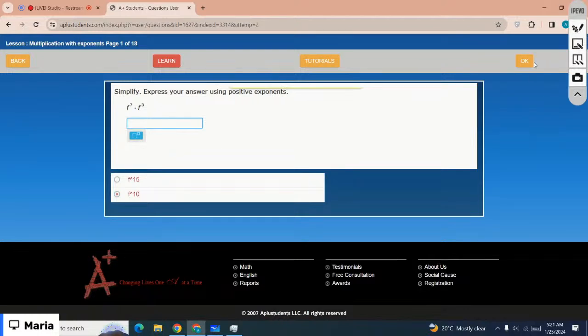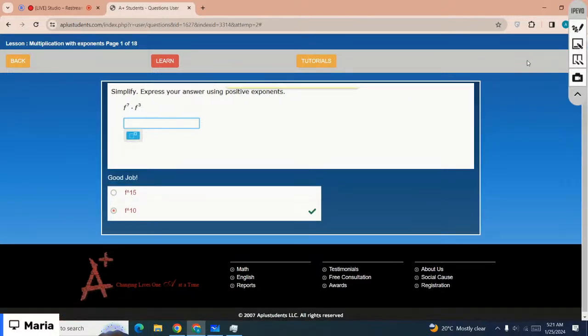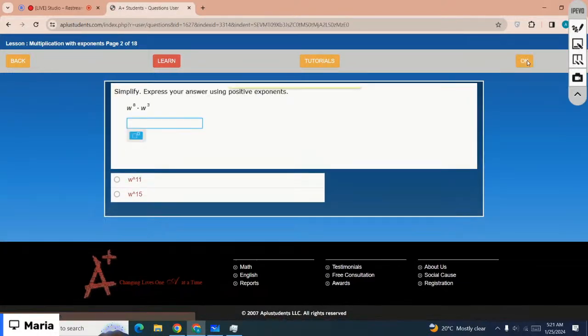So the thing you have to keep in your mind is if you have the same base, you need to add the exponents, right? Okay, simplify. W exponent 8 times W exponent 3.